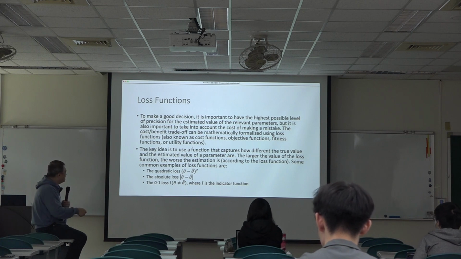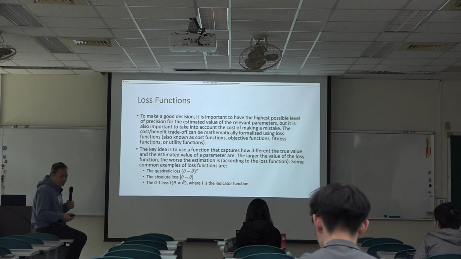The key idea is to use a function which captures how different the true value and the estimated value of the parameters are. So the larger the value of the loss function, obviously the worse the estimated result is. For example, there are some loss functions like quadratic loss, absolute loss, or 0-1 loss.